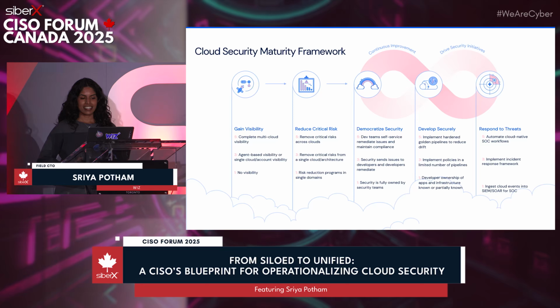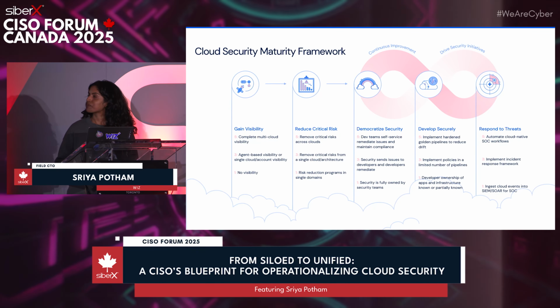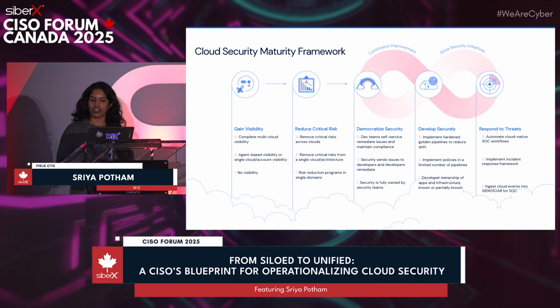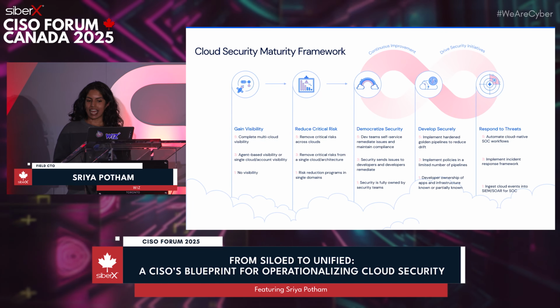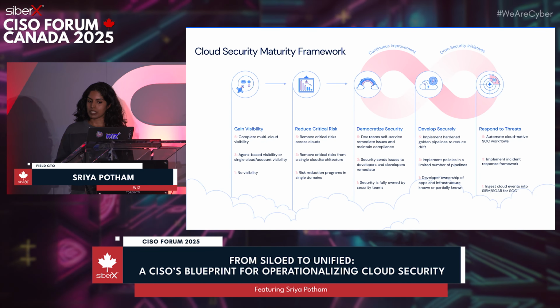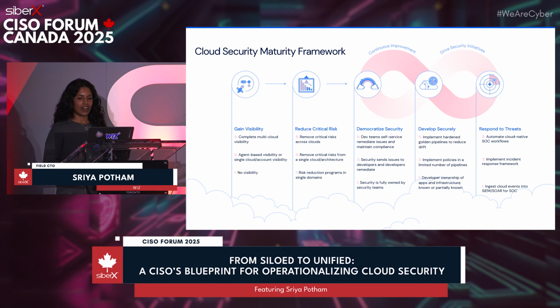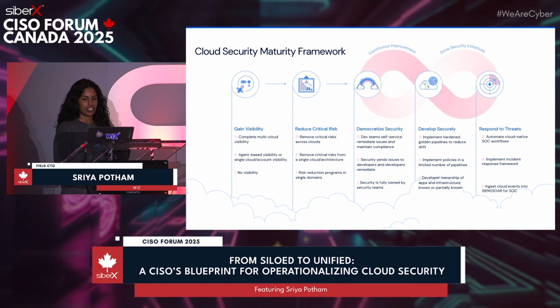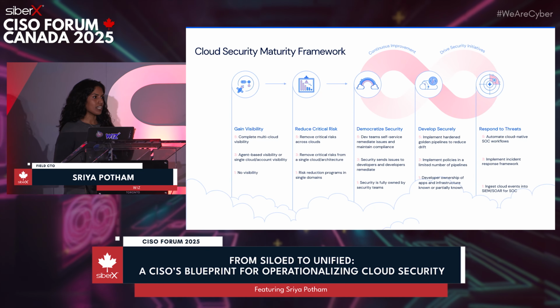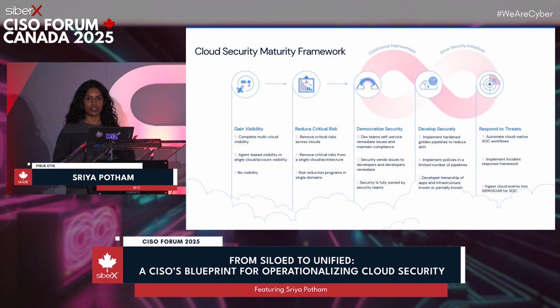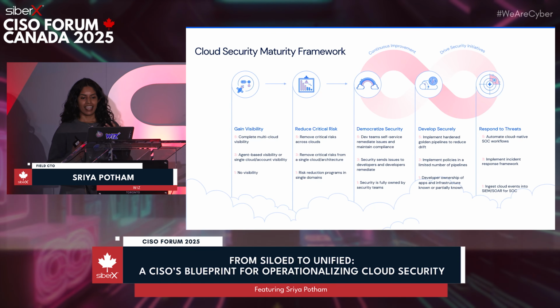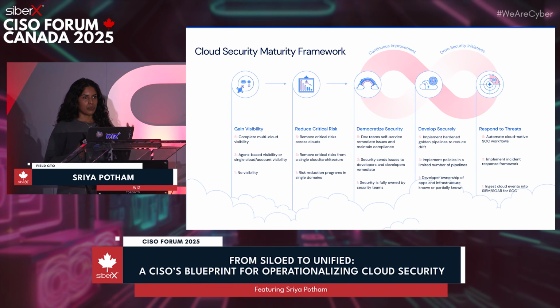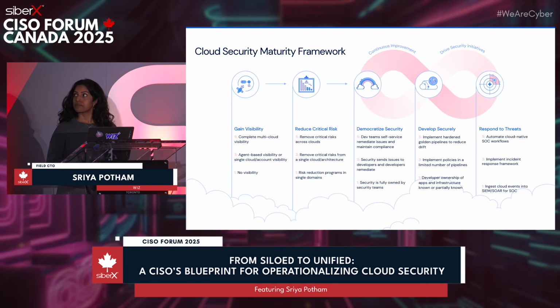And last slide here is a cloud security maturity framework, which outlines the key steps and stages that organizations must progress through to achieve a unified, stable, and effective security model. This is not just a one-time goal, but something that's iterative and improves as your organization is improving, aligning with security and business objectives.